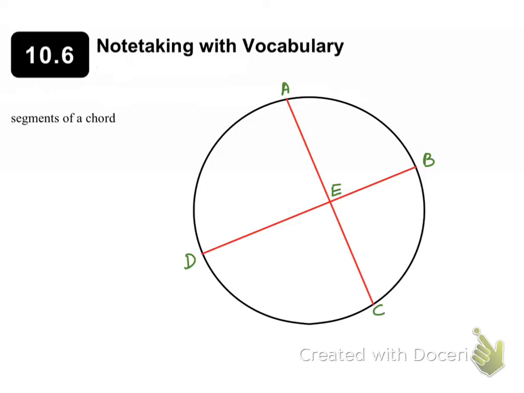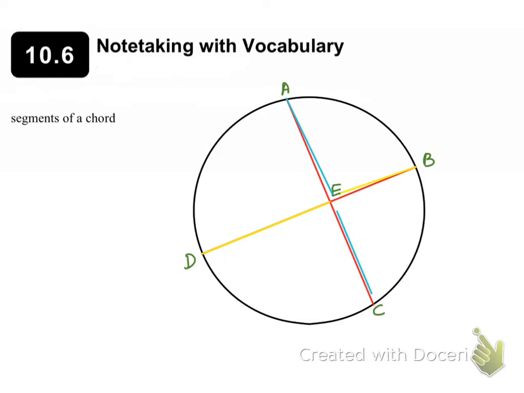In that case the segments are going to be, this is the chord here, this is a part of the chord, this is the other part of the chord, so these are the segments of the chord. Same way we have another chord, that is DB, and the parts of the chord are this one and this one. These are the segments of the chords.